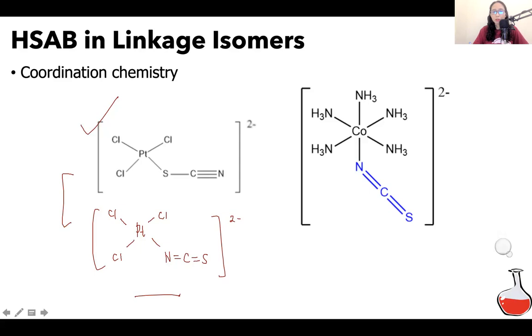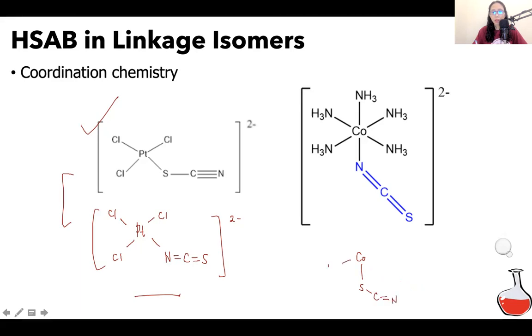Another example, for a class A metal, so again you have cobalt 3 as a class A metal. In this one, you have a complex. This cobalt center can also interact via the sulfur atom of the base. Let's complete the complex just for the sake of clarity.